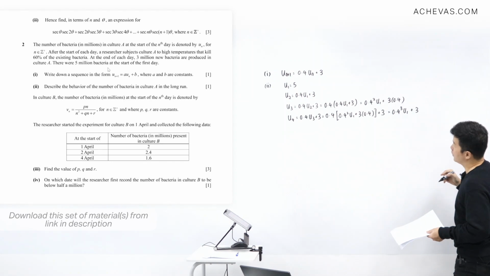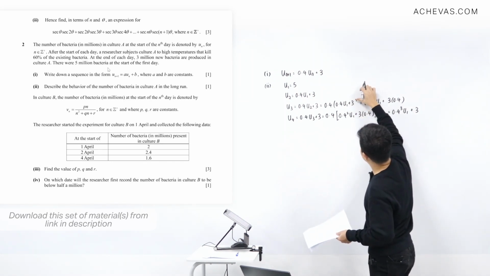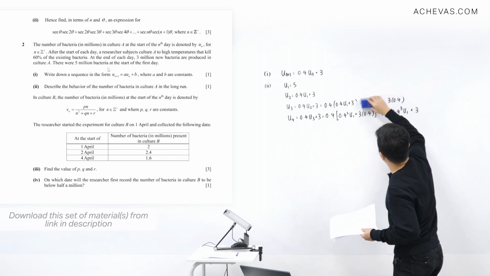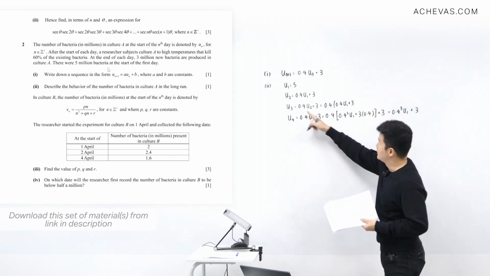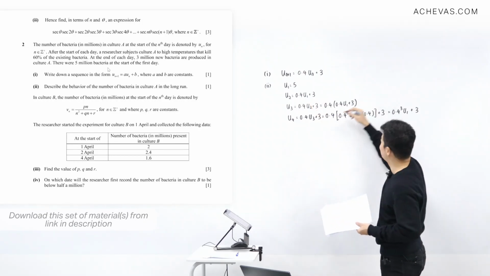Oops, I've made a mistake. It should be this U2, then there should be a plus 3. Let me correct my mistake here. So this over here is going to be 0.4 times U2, this plus 3, then I've forgotten this plus 3.